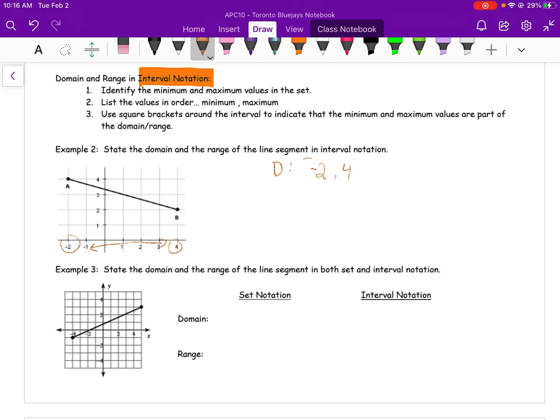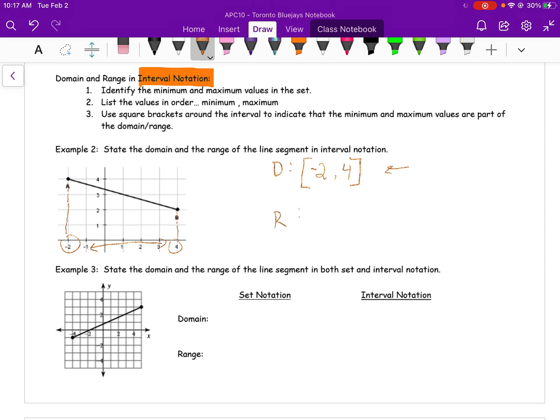I use square brackets around the -2 because the x value can have a value of -2. Square brackets around the 4 because my x value can have a value of 4. This is really intuitive. So all I say is the domain is from -2 to 4. Now order does matter here. You can't put 4, comma, -2.